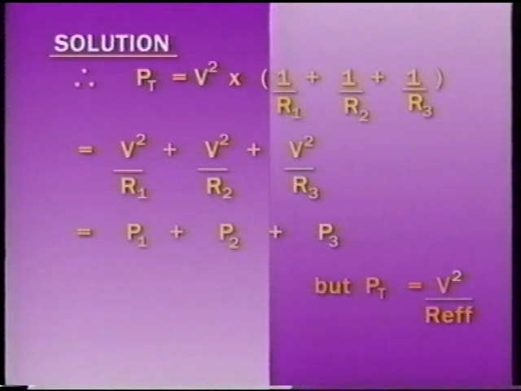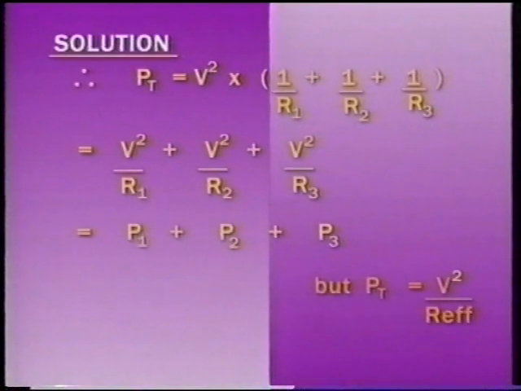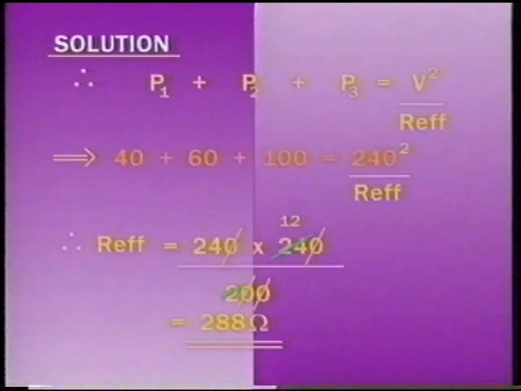And all that comes down to P1 plus P2 plus P3, because V squared over R is actually power. So the total power is actually the sum of the powers available. But we have said earlier that PT is V squared over RF. And therefore, P1 plus P2 plus P3 equals V squared over RF.